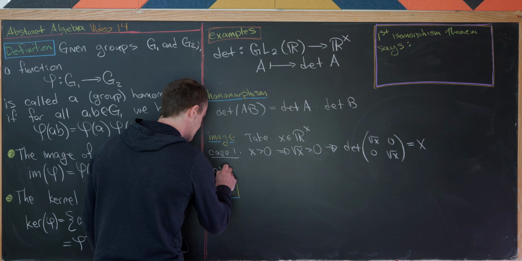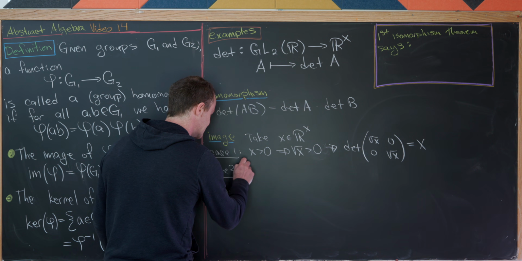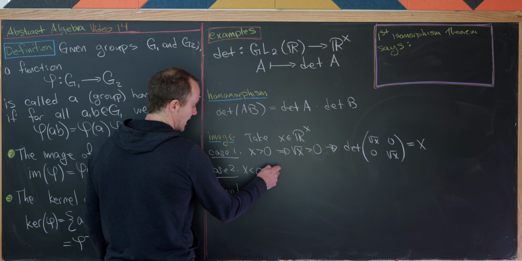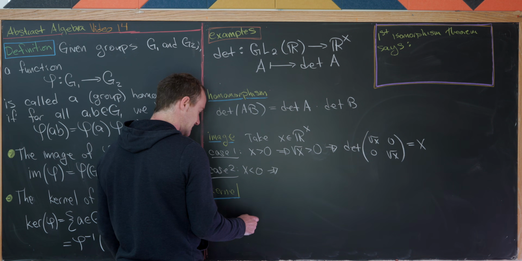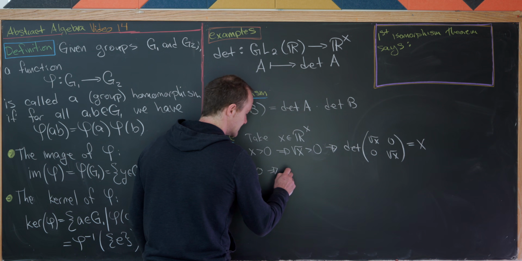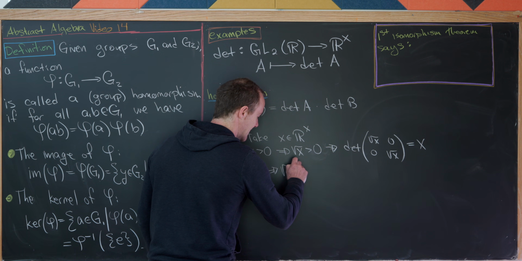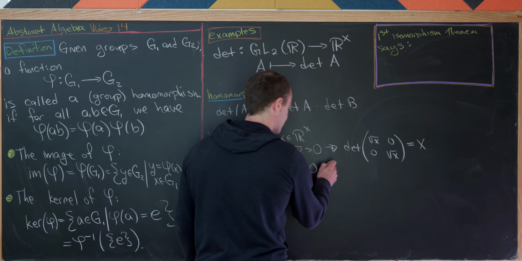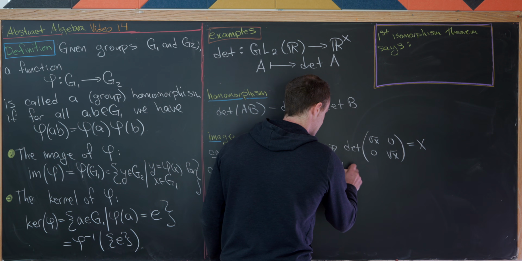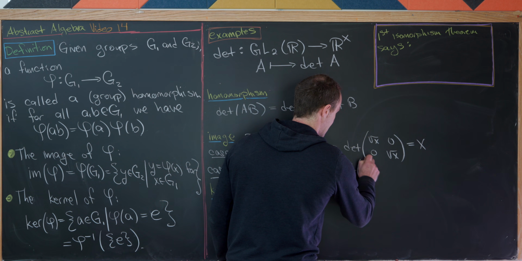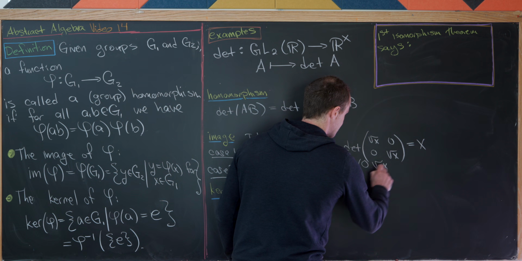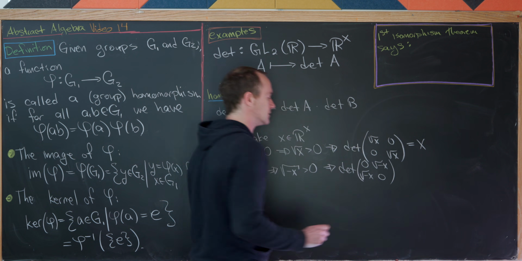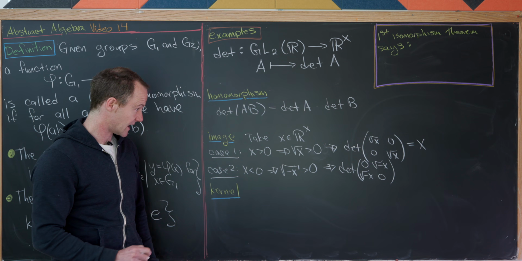So now case number 2 is what happens if x is less than 0. Okay, but if x is less than 0, that means that the square root of negative x is positive. And now we're going to look at the determinant of the following object. So that'll be the determinant of the matrix which has these square root type objects on the off diagonal. So something like that.